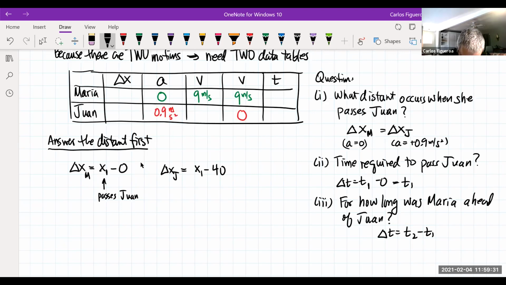So this is the distance where Maria passes. So when I go into my table, I'm going to write this as x1 minus 0, and this is then x1 minus 40.